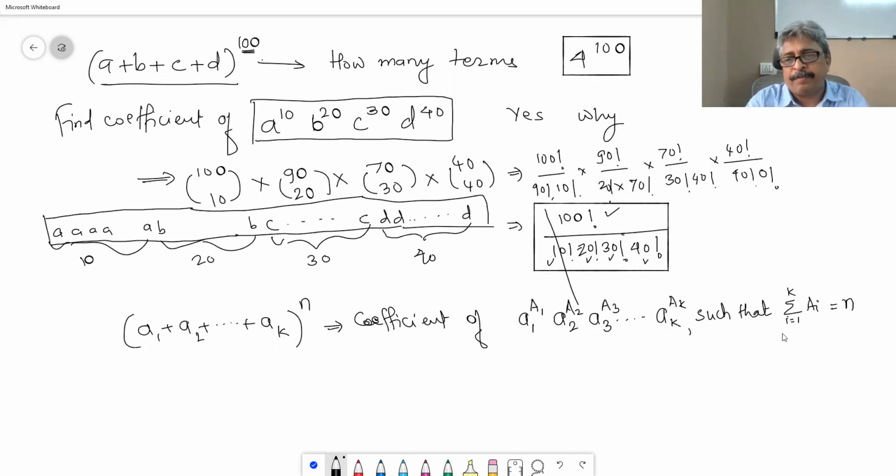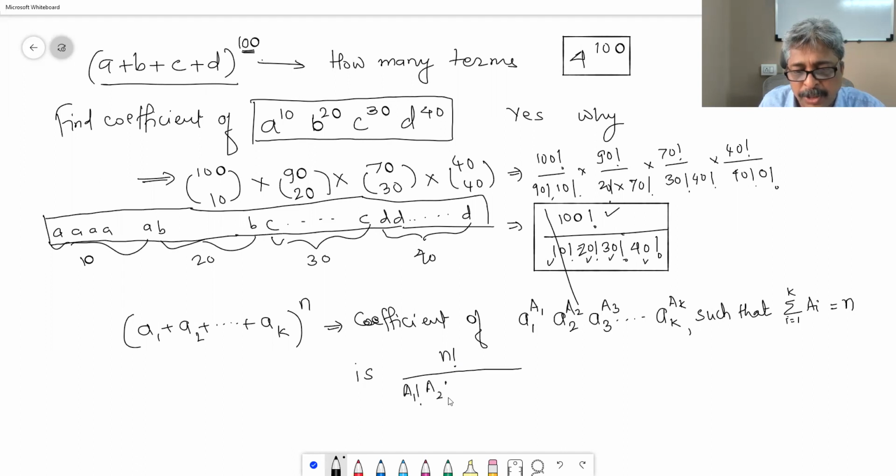That is the requirement. The coefficient such that this happens is n factorial divided by α1 factorial into α2 factorial into up to αk factorial.